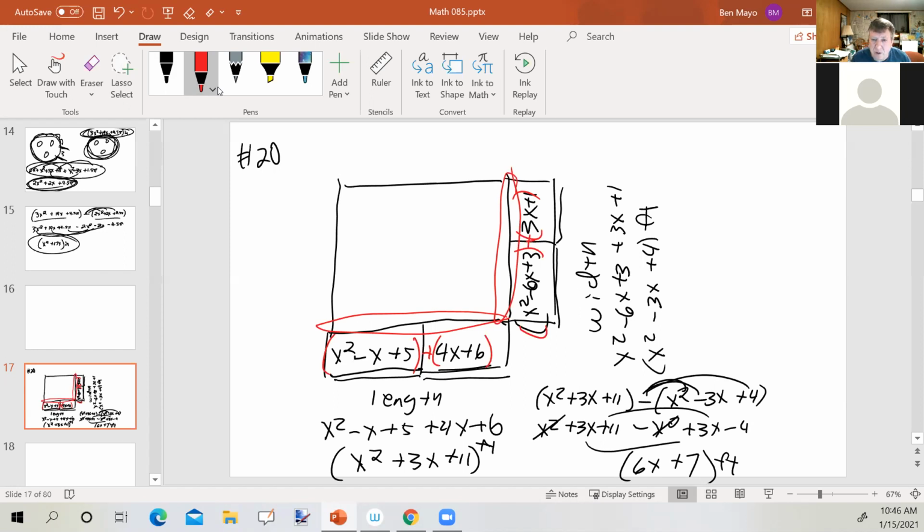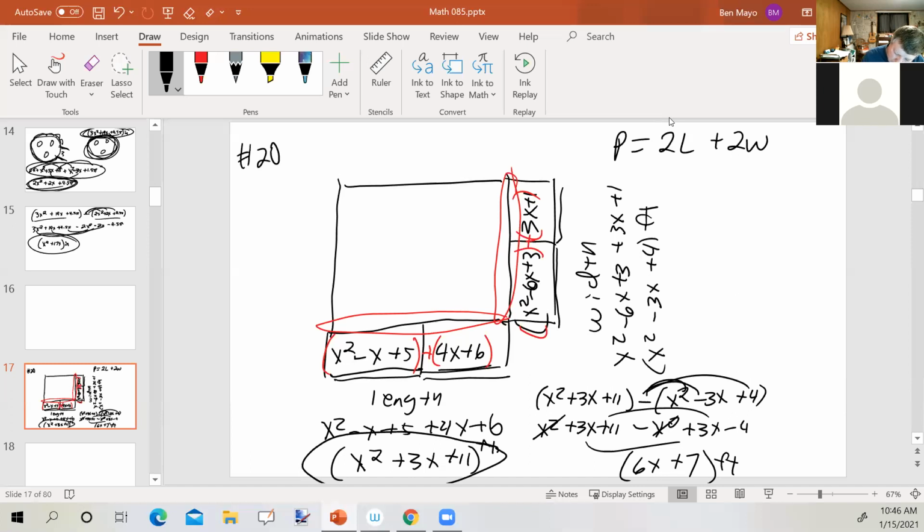The second question says, find the perimeter. Well, the formula for the perimeter of a rectangle is 2 times the length plus 2 times the width. I know the length, it's right here, and I know the width, it's right there.